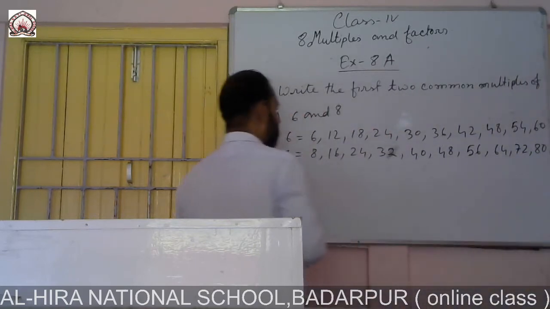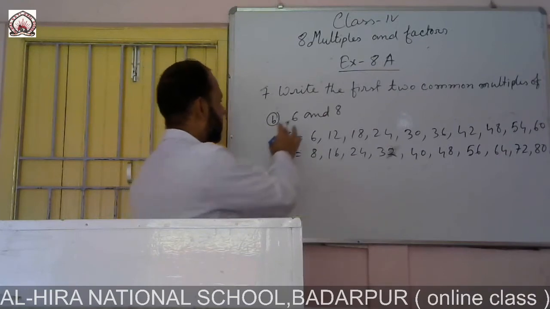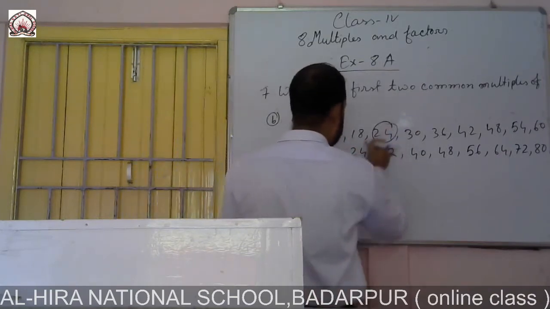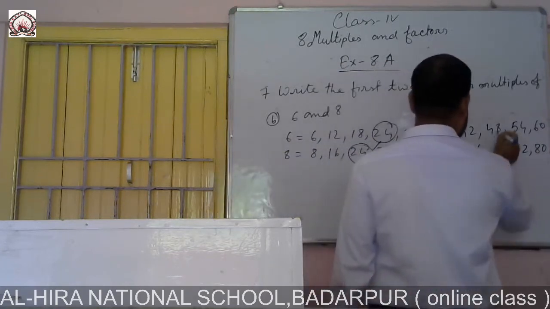So we take out the first two common multiples of 6 and 8. First we get 24. Next it is 48 here and 48 there.